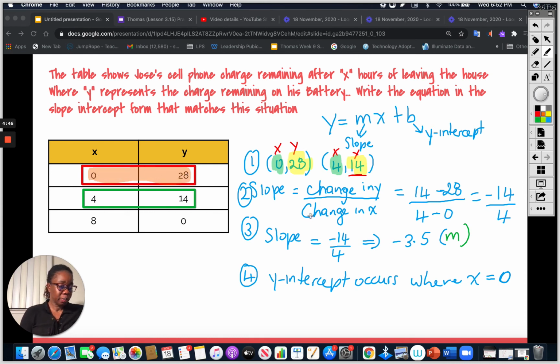So it occurs where x is equal to 0, so the point (0, 28) is the y-intercept.